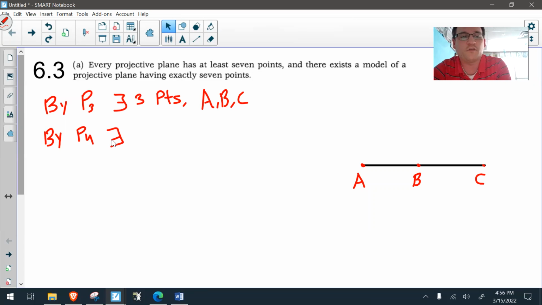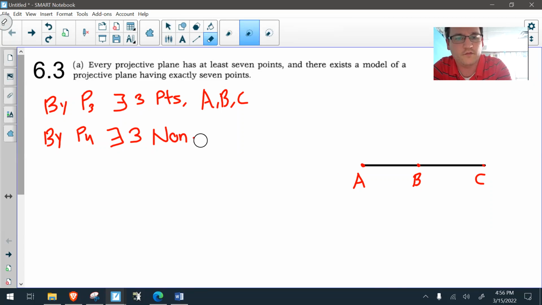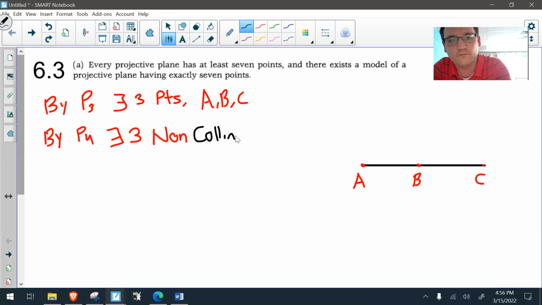Well, P4 specifically says there exist 3 non-collinear points.